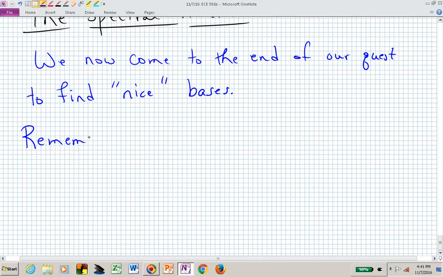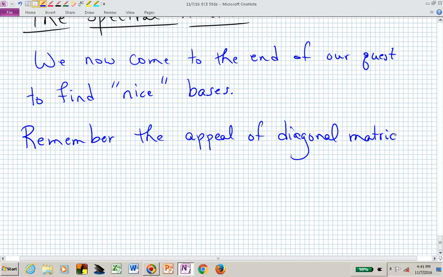And what we want to do is remember the appeal of diagonal matrix representations.